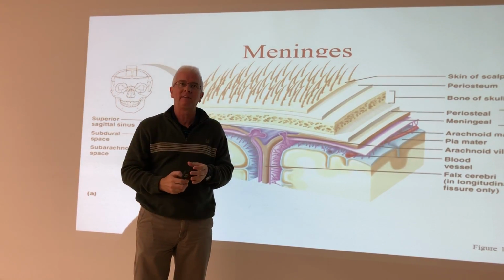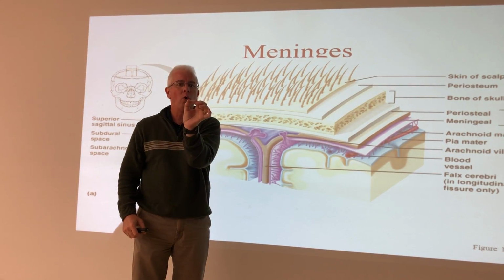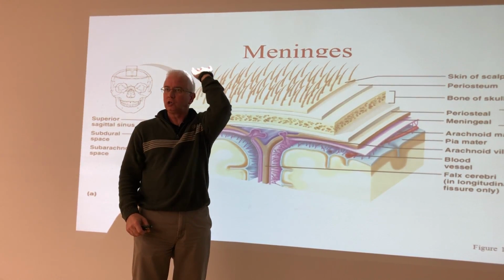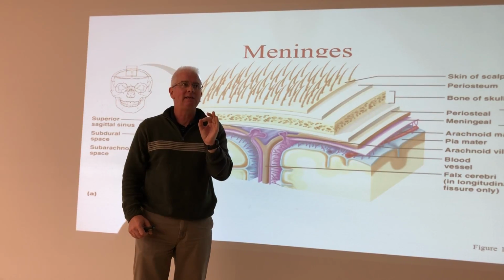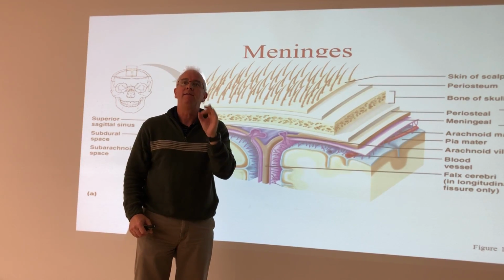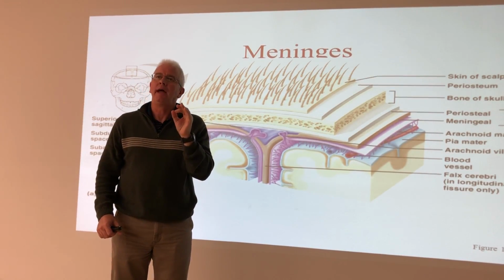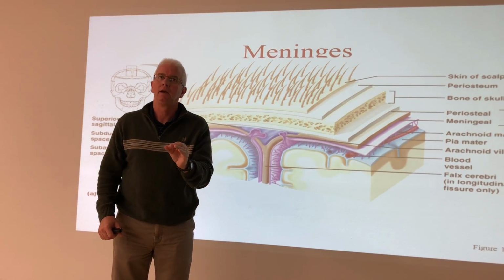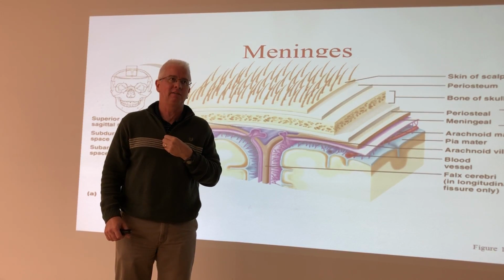Now the split itself forms a pocket, a hole, a sinus that runs along the longitudinal fissure. And that pocket contains blood. In fact, most of the blood that goes to your brain is drained in these pockets, in these sinuses.